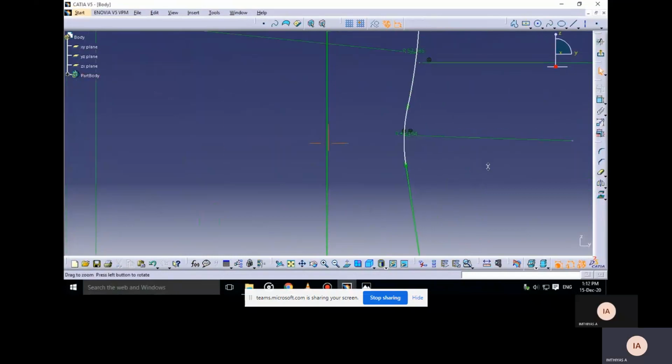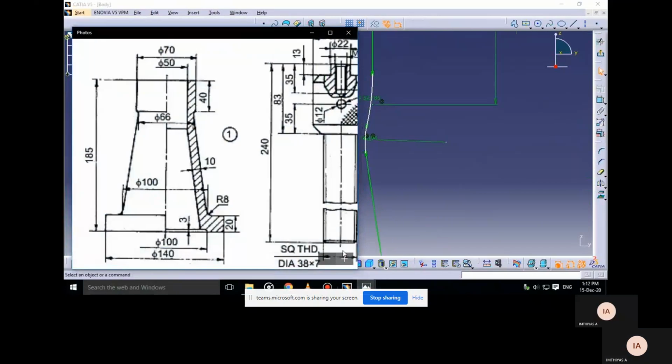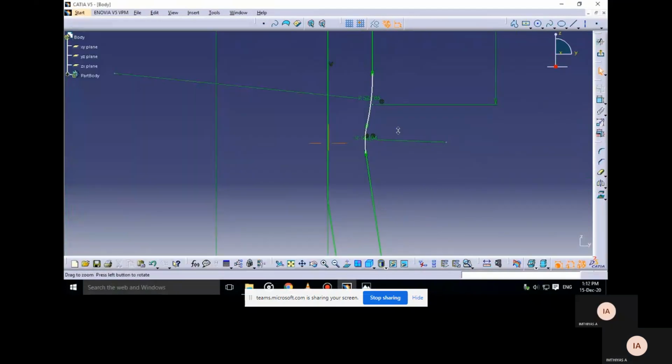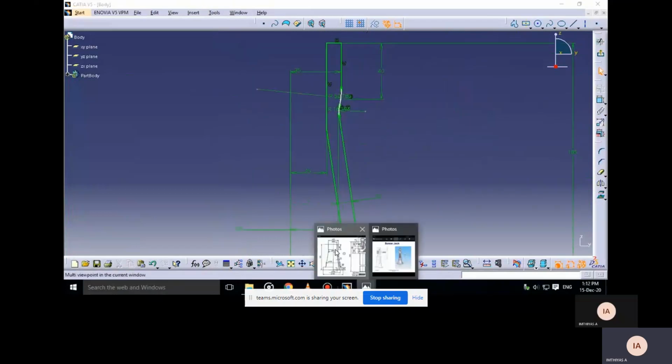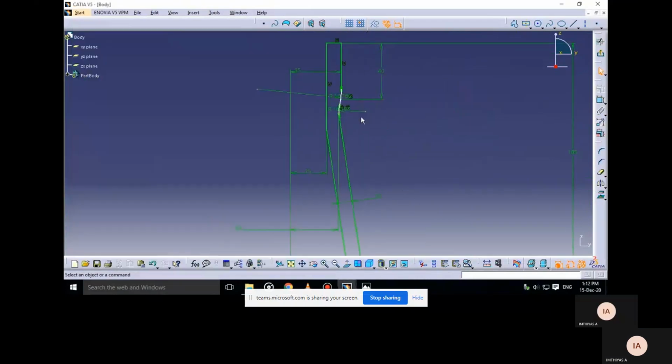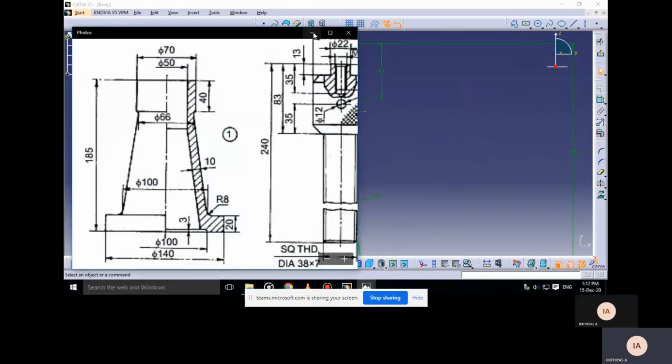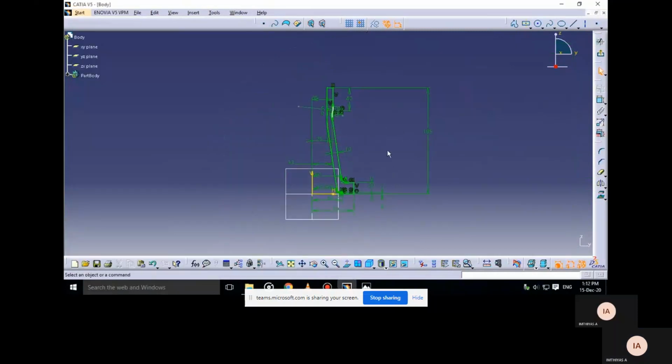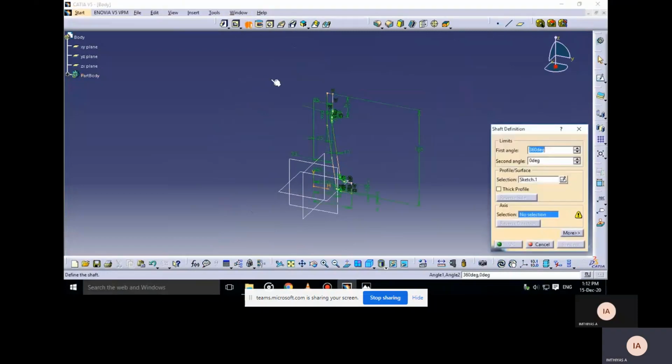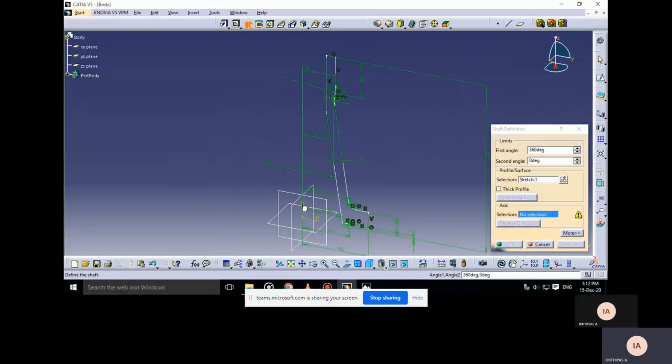The extra is there that we have to delete, otherwise we are not able to revolve it. So if you use the shaft command, as it is a symmetric object, we are able to revolve it.